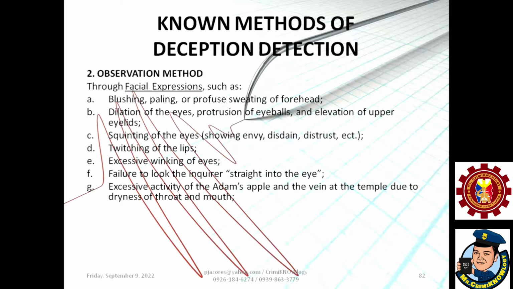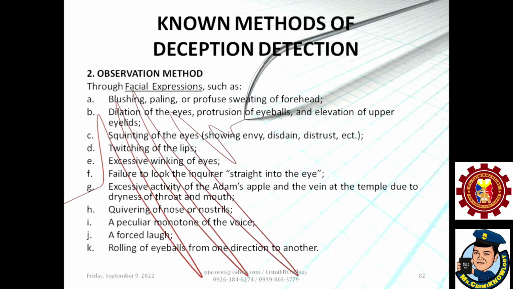That shows that the subject is tense. There is pressure on him or her. Quivering of nose or nostrils. A peculiar monotone of the voice. A forced laugh. Rolling of the eyeballs from one direction to the other.